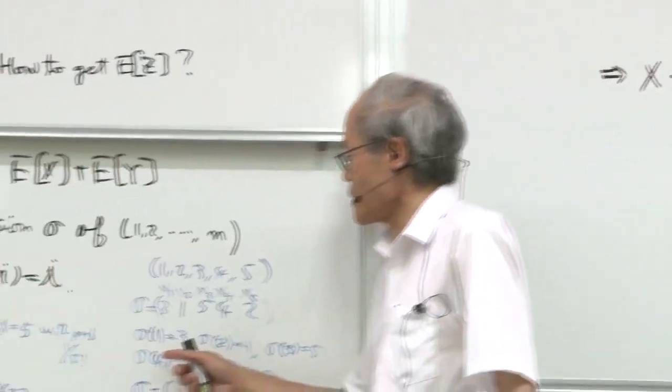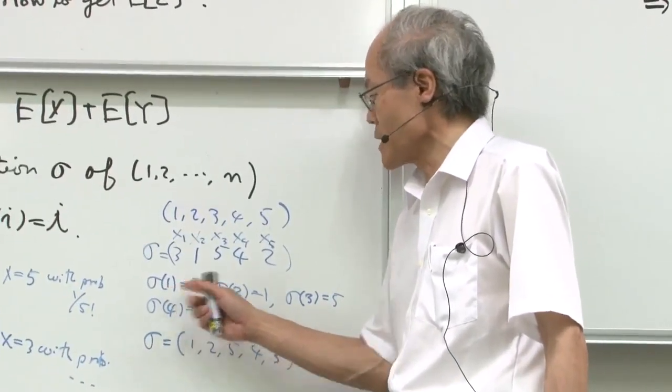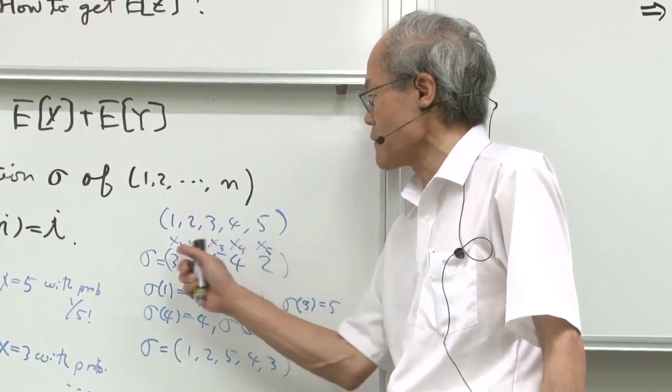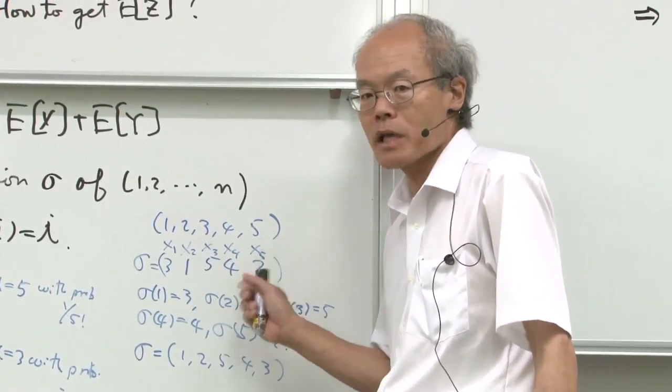Just look at this case: the value of the random variable x is 1, and the sum of these 5 random variables is also 1, the same.